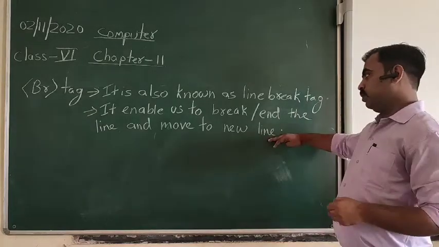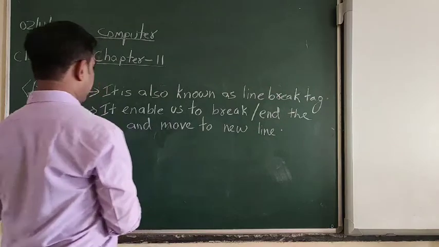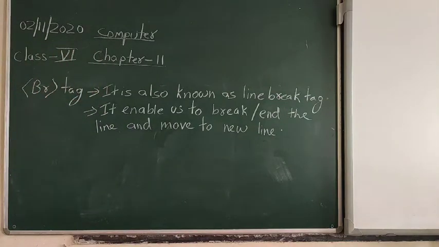Okay, so the purpose of using the BR tag, also known as the line break tag, is that it enables us to break or end the line and move to the new line. Clear? I hope you have understood the purpose of using the BR tag.